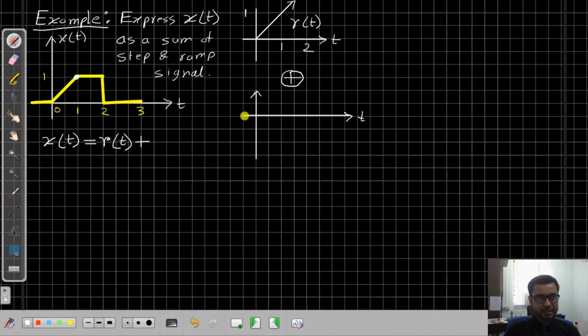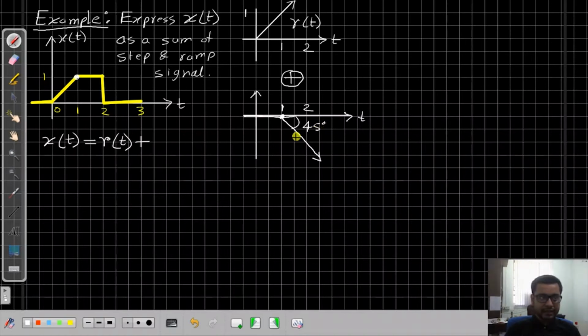That signal is initially 0 and then at t equal to 1 it starts to decrease like this. So this is t equal to 1, 2 and so on. This angle is 45 degrees.